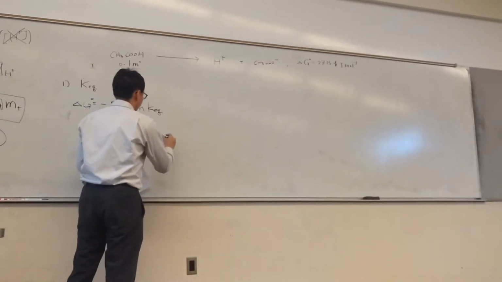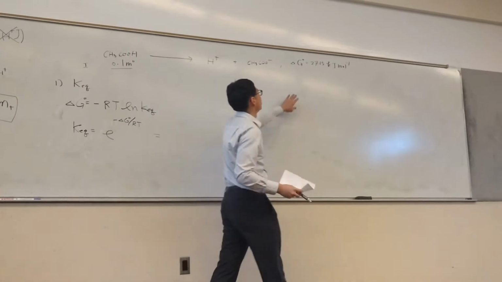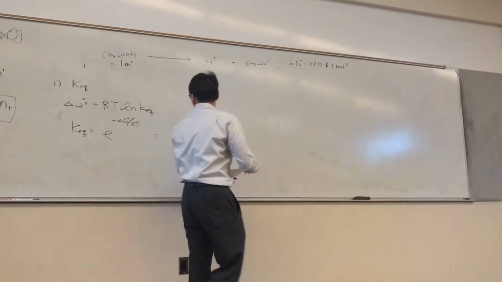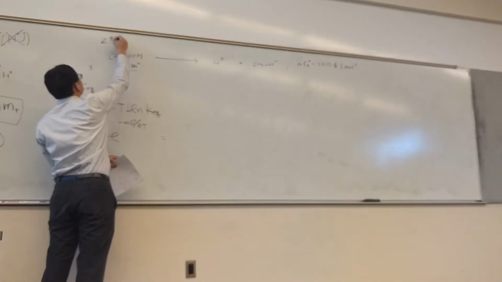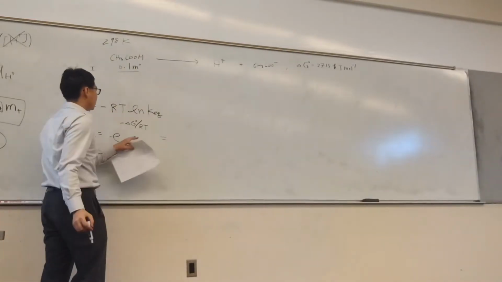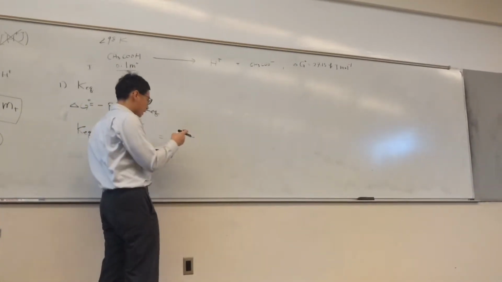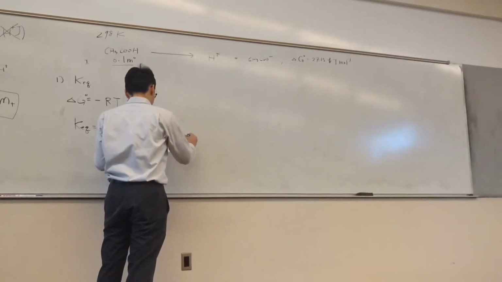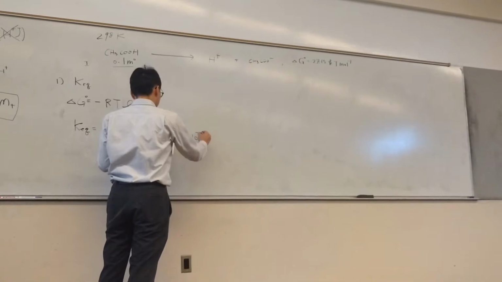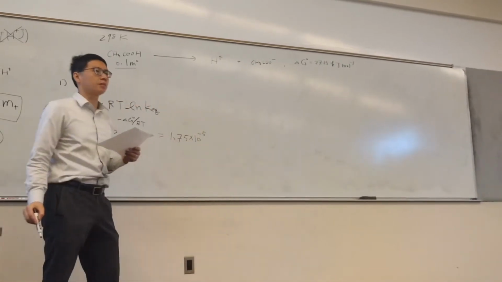Delta G naught is this. RT is, again, 298K. R is 8.314. So if you calculate that, you'll get a number of 1.75 times 10 to the negative 5.